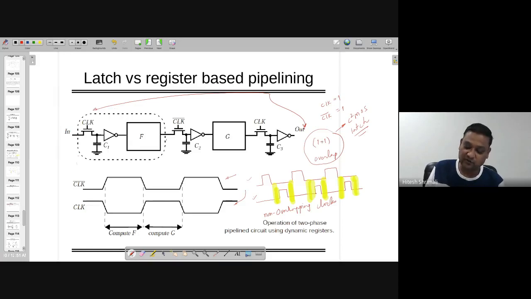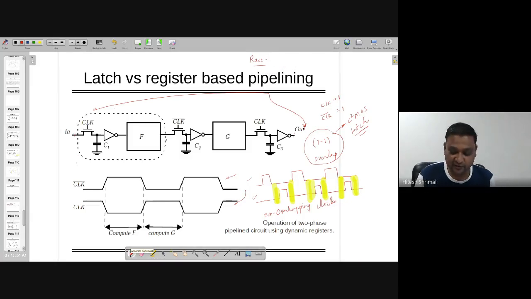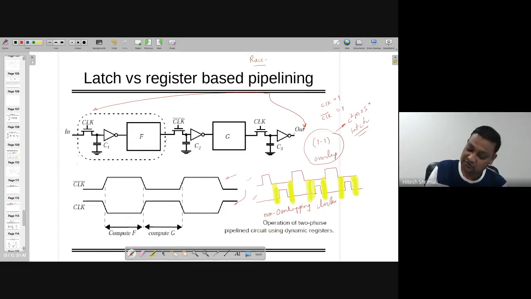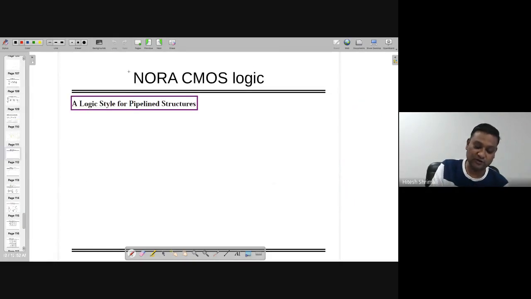When there is a 1-1 overlap and input is available at output, or output changes with respect to input, that particular condition is known as race around condition. Or simply you can say that there is a race. So if there is a race between input and output, in that case, we need to use the solution which is the C-square MOS latch, and that thing we are going to know as NORA CMOS logic.